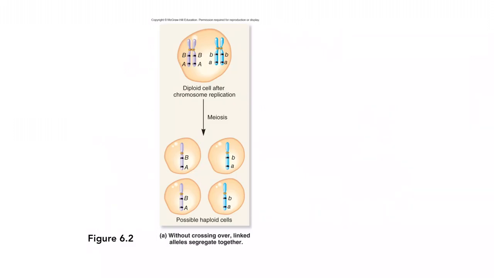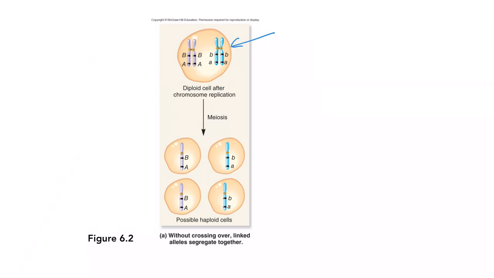So let's look at this a little bit more specifically. So here we've got our diploid cell after replication. We've got a pair of homologous chromosomes lining up and forming that bivalent.